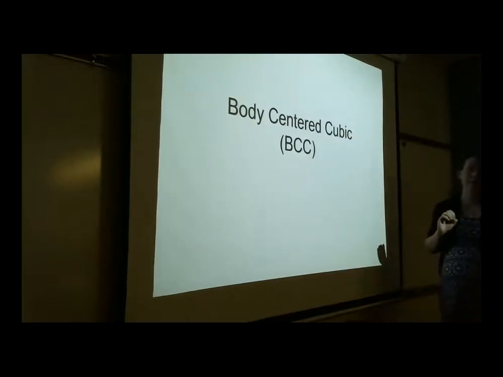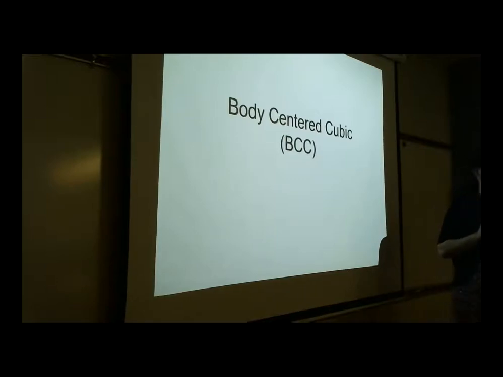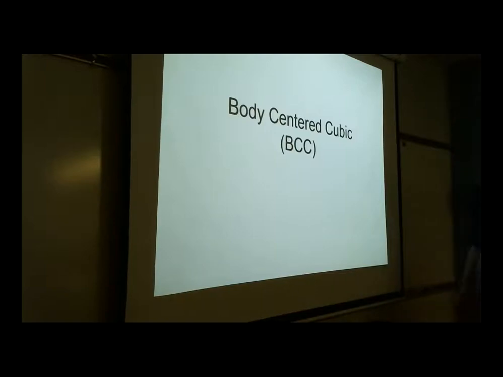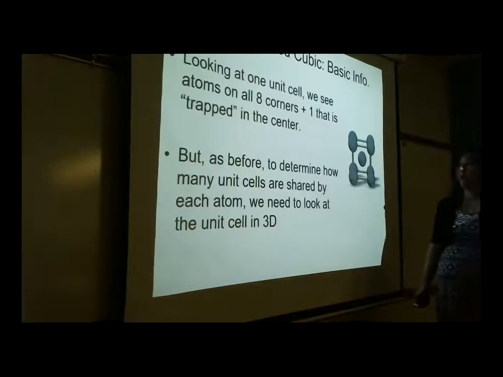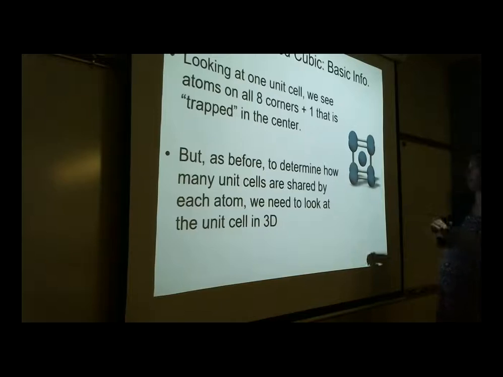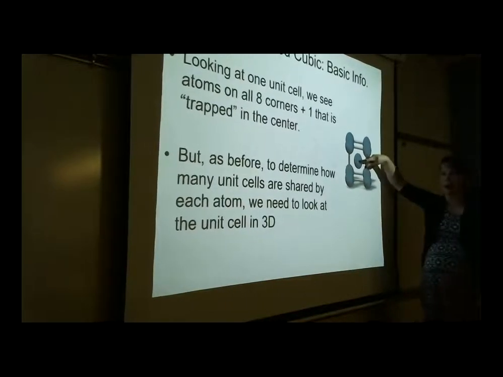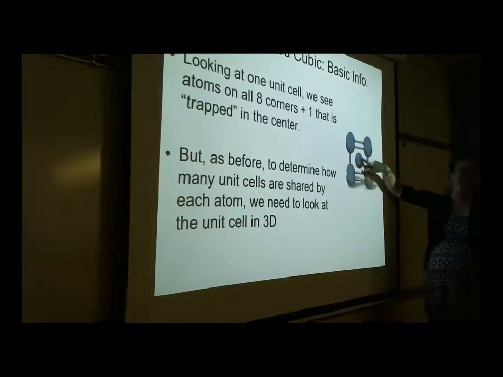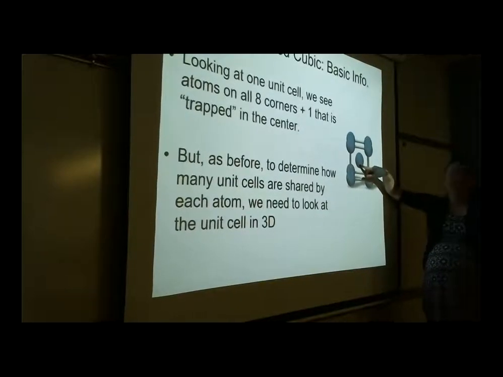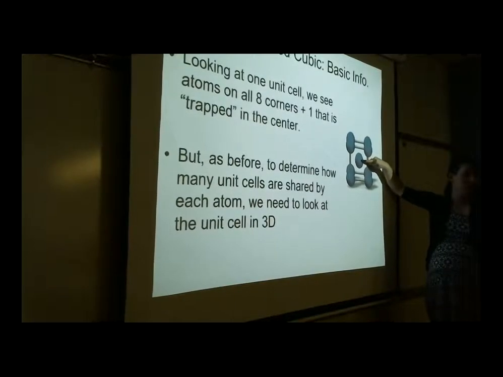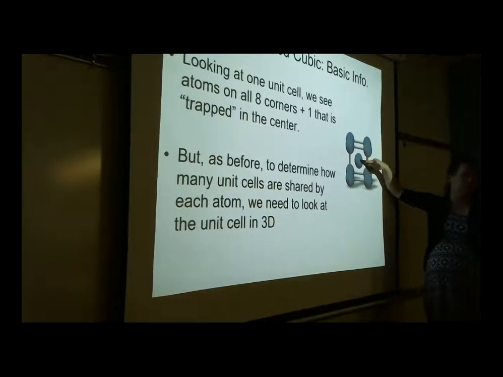Now let's talk about body-centered cubic. What does body-centered cubic look like? Abbreviation is BCC. Body-centered cubic is simple cubic plus this atom that is completely contained in the center. Is this atom right here in the middle being shared by any other unit cells?